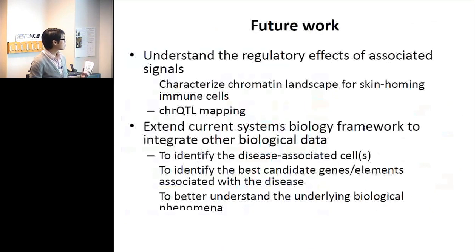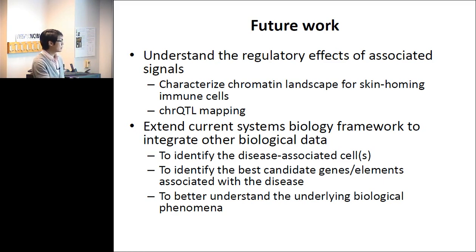As I mentioned, we are trying to understand the regulatory effects of the associated signals, and we are trying to characterize the chromatin landscape for skin homing immune cells. We also want to do chromatin QTL, associating genomic variants with different chromatin states. For the bioinformatics part, we also try to extend the current systems biology framework to include other independent data.